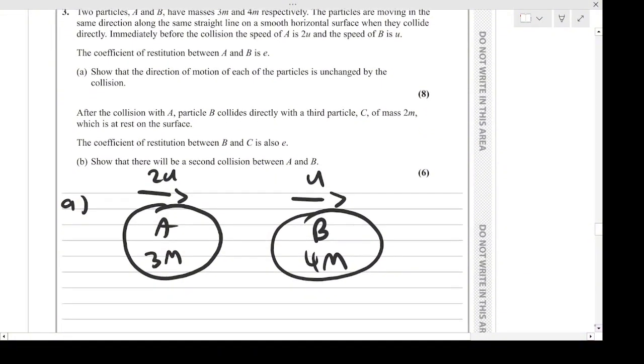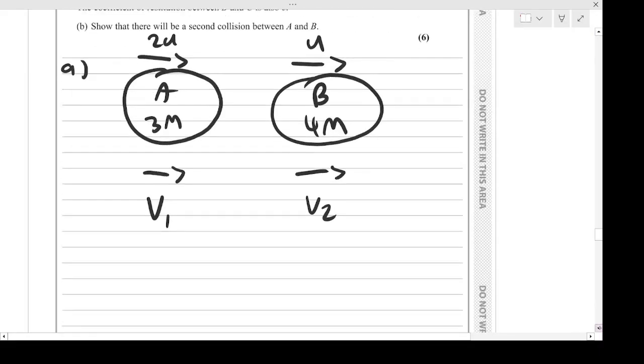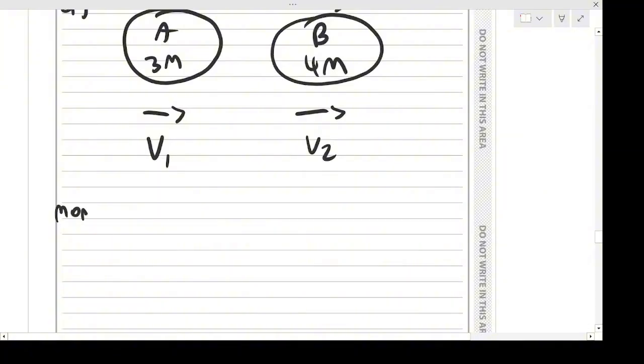Then afterwards, we're not told what happens, so let's just assume they both continue moving forwards. I'm going to call these speeds V1 and V2, and I can now apply the usual stuff with these sort of collision questions, apply momentum and restitution.